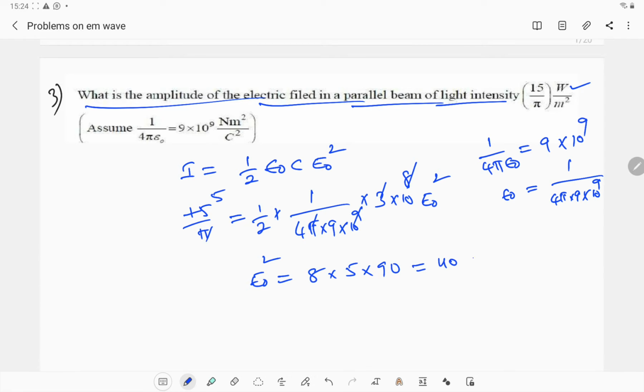This becomes 40 into 90. This becomes 3600. Therefore, E naught is equal to the square root of 3600. This becomes 60 Newton per Coulomb.